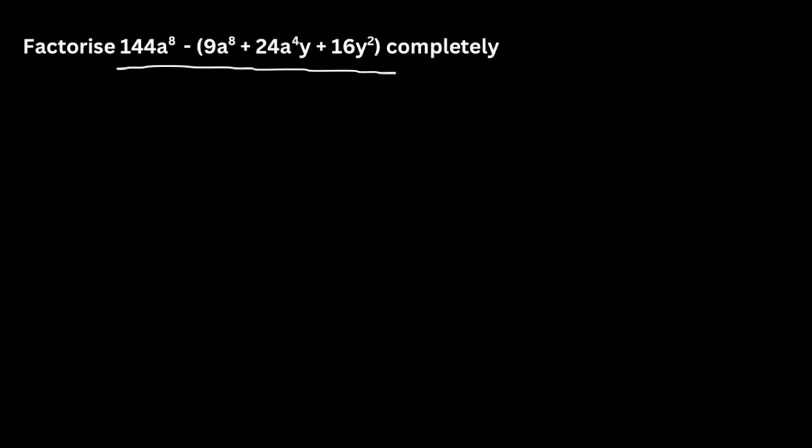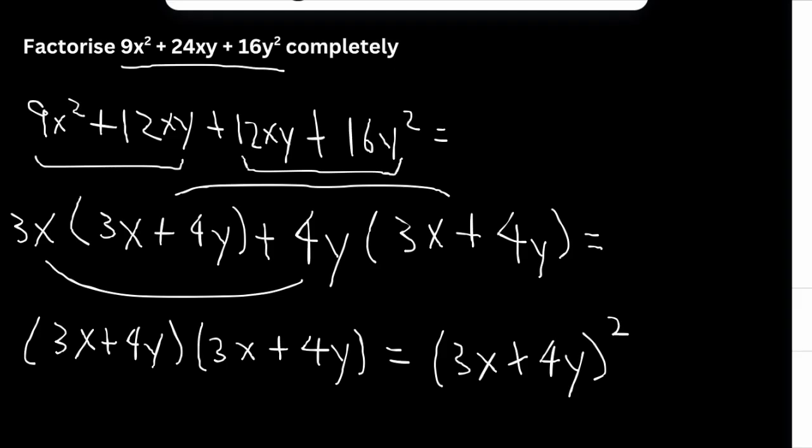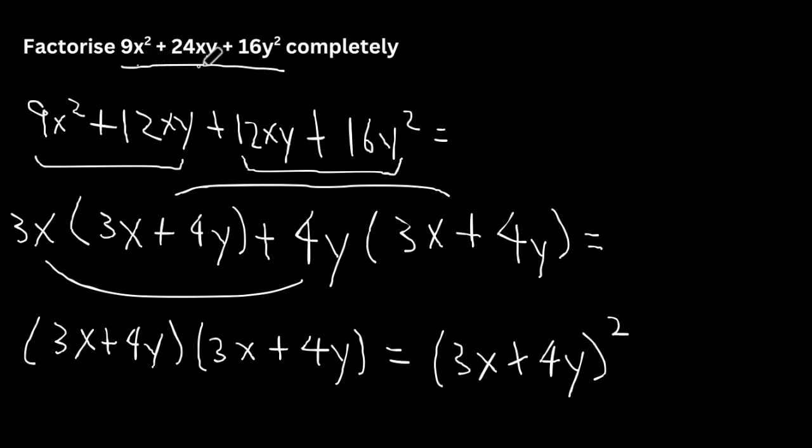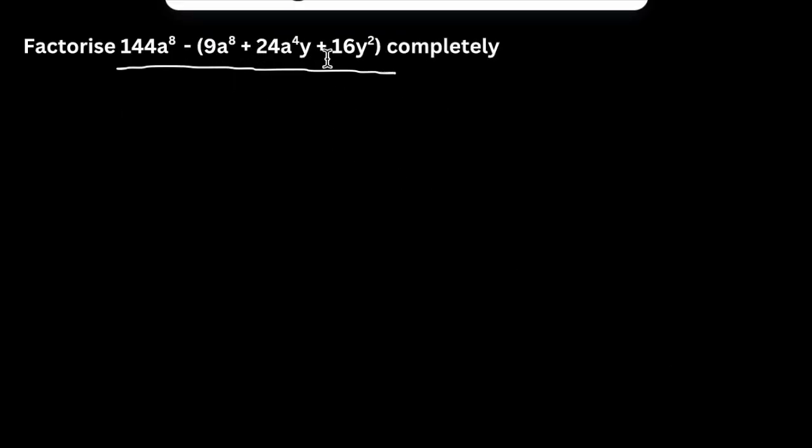144a to the power of 8 minus 9a to the power of 8 plus 24a to the power of 4 y plus 16y squared. Okay, so the thing over here is that this question looks pretty similar to the question earlier, which was 9x squared plus 24xy plus 16y squared. Over here you have 9, 24, 16 as well.